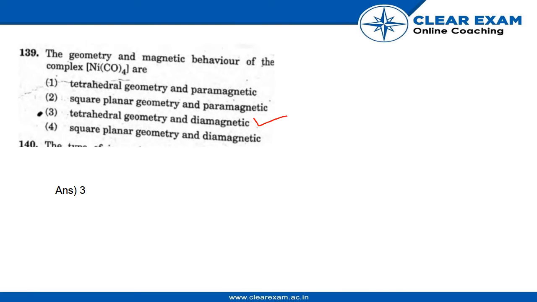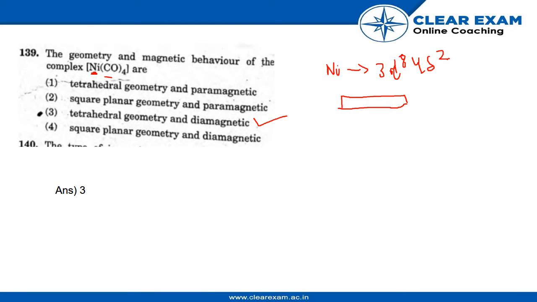answer is third, because as we know, the given complex is Ni(CO)4. For Ni, the configuration is 3d8 4s2.